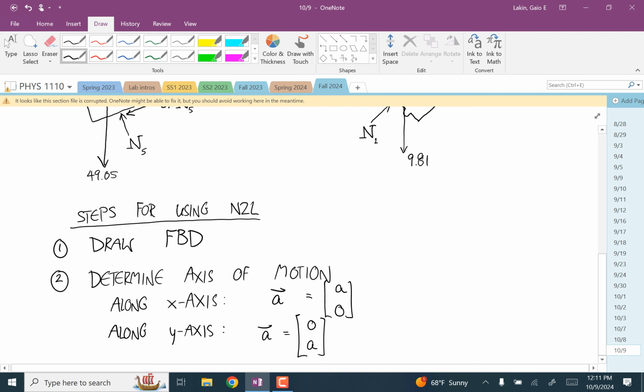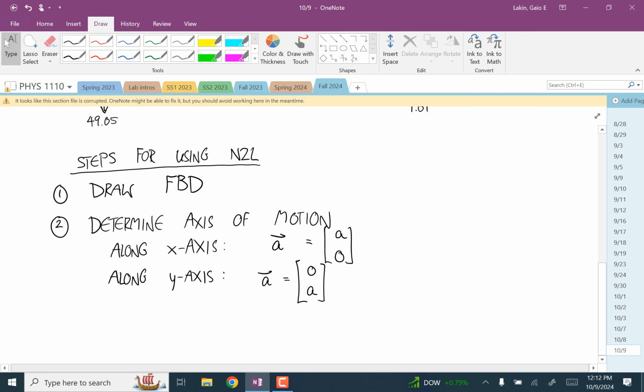And one important thing about these is even if you can tell from looking at it that the thing is going to accelerate in, say, the negative x or the negative y direction, you don't have to put that sign in here. That'll come out in the math. So all you have to do is identify, is it moving along x or moving along y? Okay.